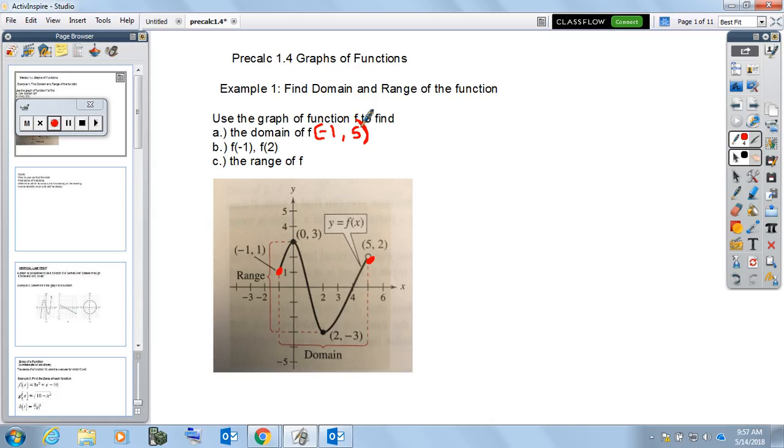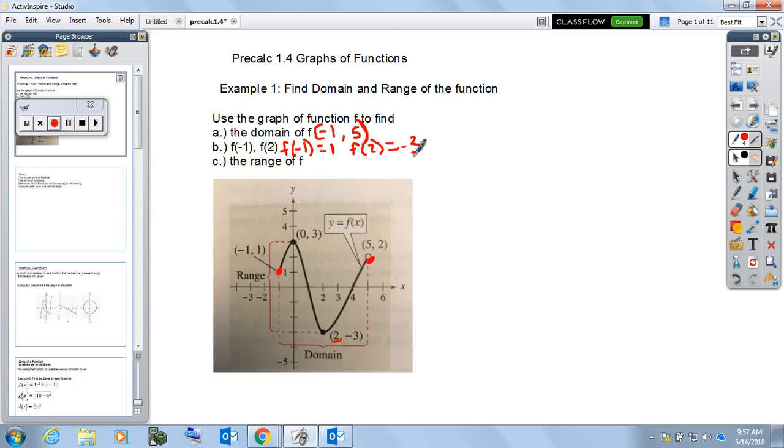All right, so what about f of -1? What does the y value look like when x is -1? So f of -1 in this example, it looks like it's going to be at 1. And then likewise for f of 2, what is the y value when x is 2? Well, in this case, when the x value is 2, the y value is at -3.